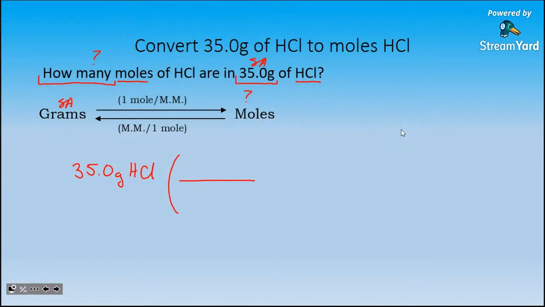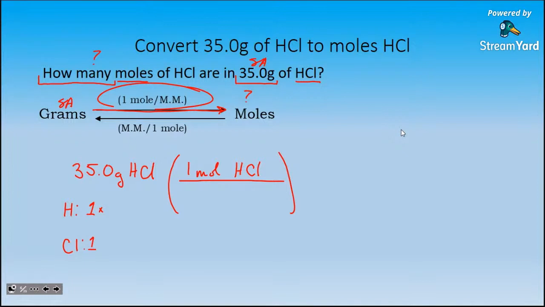And then my conversion factor, where I'm still going to be following the upper road and using the conversion factor of 1 mole. In this case, it will be of the compound HCl. And then I need that molar mass. So to calculate molar mass, I have hydrogen, and I have chlorine. I have 1 hydrogen, 1 chlorine.